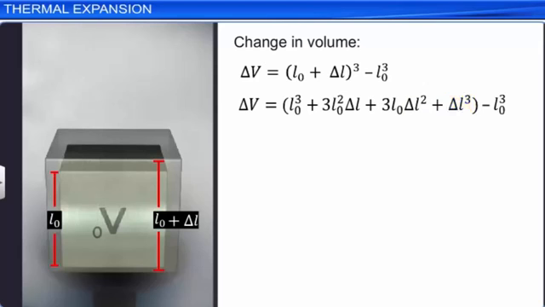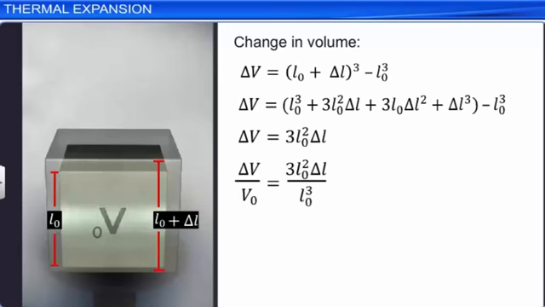Then we get delta V equals 3 into L naught squared into delta L. Now, dividing delta V by V naught, we get 3 L naught squared delta L by L naught cubed. On further simplifying, we get alpha V equals 3 alpha L. Let this be equation 2.